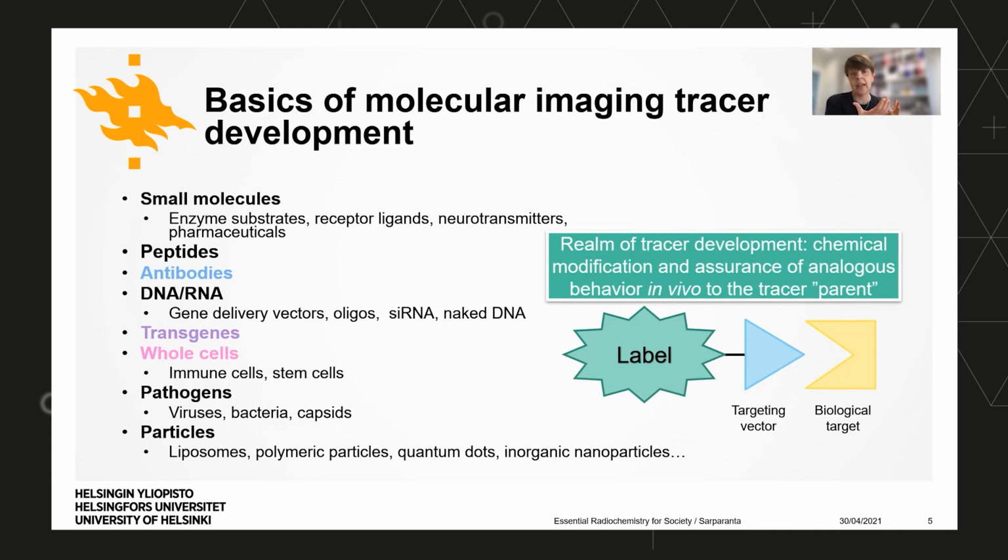And in the schematic, you can think of this realm as a triage of the label and its properties, the radionuclide, the chelator, the chosen conjugation chemistry, then the properties of the targeting vector, and then the interactions thereof with the biological target. So it's highly multidisciplinary, and it is something that can be tremendously rewarding to embark on.